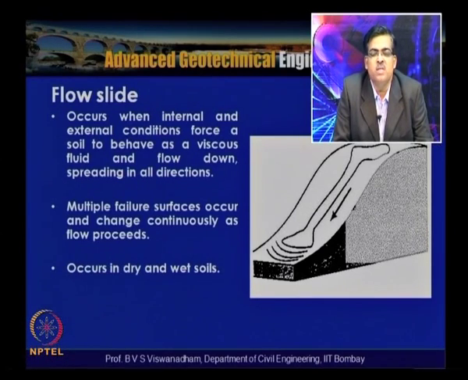Some sensitive soils, when subjected to some disturbance, behave in this particular manner, and the typical failure is called a flow slide. Multiple failure surfaces occur and change continuously as the flow proceeds, and basically this occurs in dry as well as some wet soils.